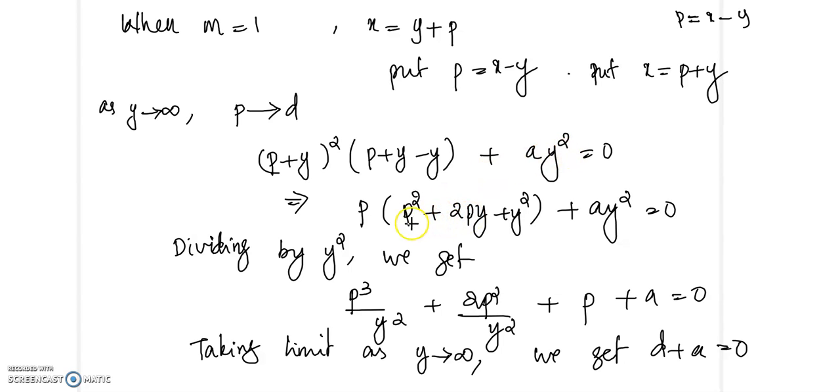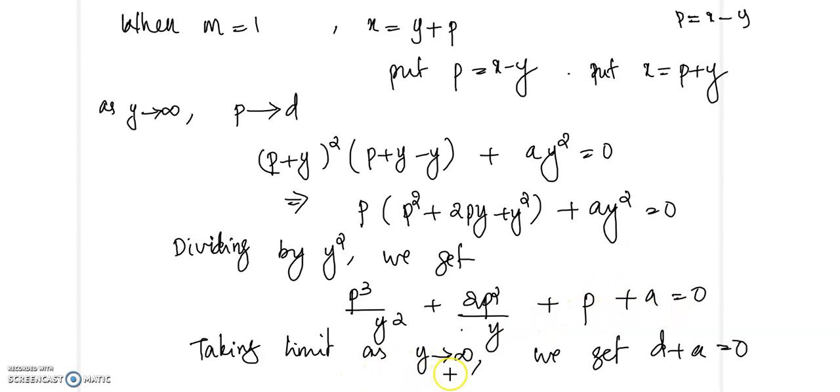So upon simplifying, we will get p into p square plus 2py plus y square, plus ay square equal to 0. Now divide throughout by y square. So we will get p cube by y square plus 2p square by y plus p plus a equal to 0.